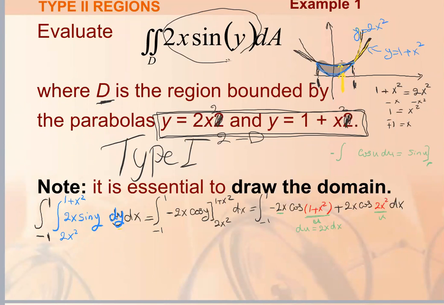But before that, you can just say u was 1 plus x squared. I recommend you don't show the steps that much here, because it takes long and you might make mistakes.